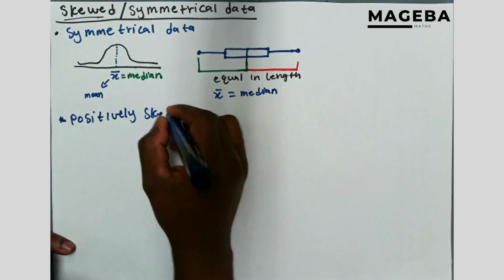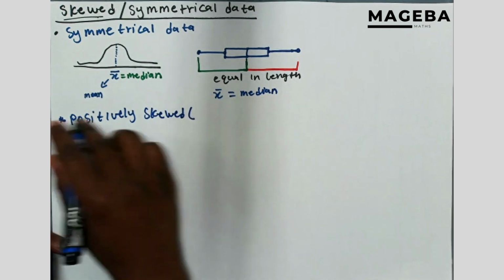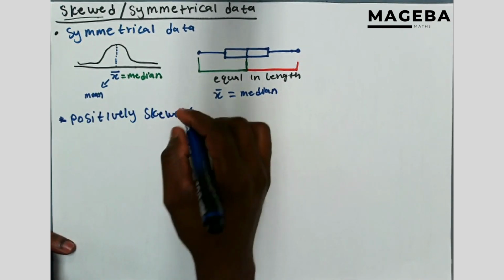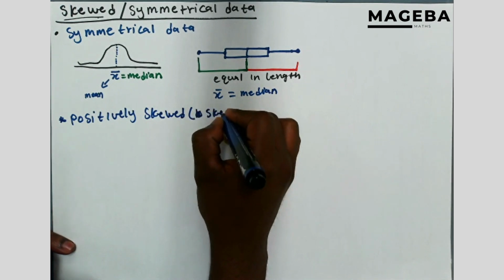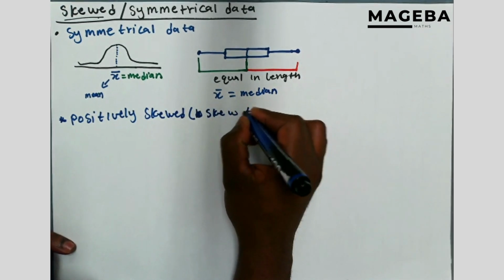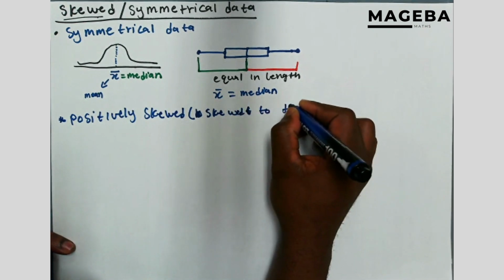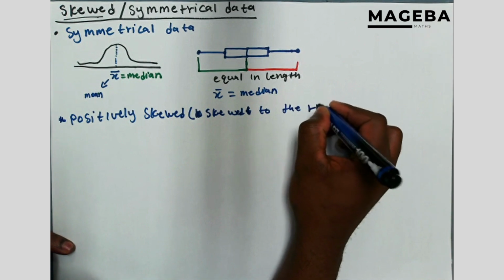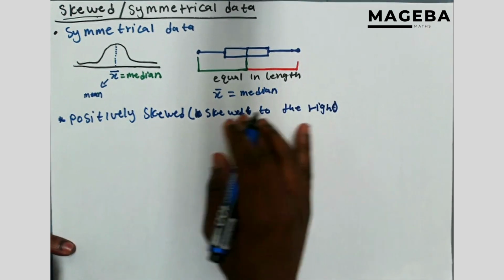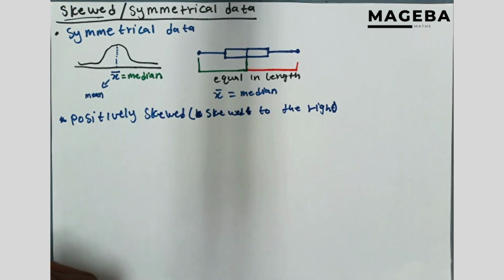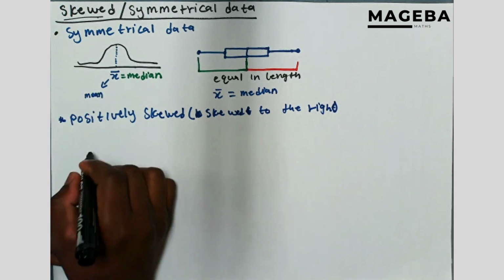I've touched on this in one of my previous videos. The positively skewed, remember, we also call it skewed to the right. That is another way of calling it. If it's positively skewed or skewed to the right. Now, I'm just gonna draw one of these mountains.